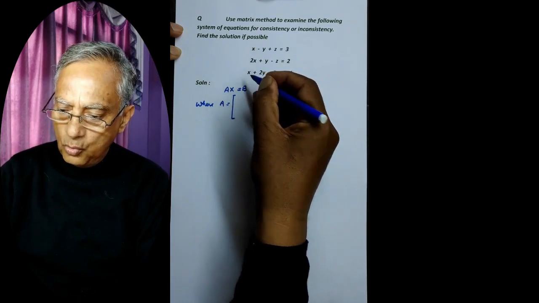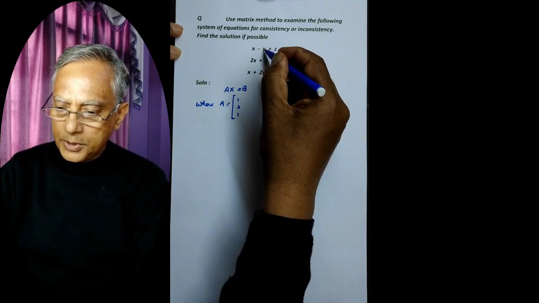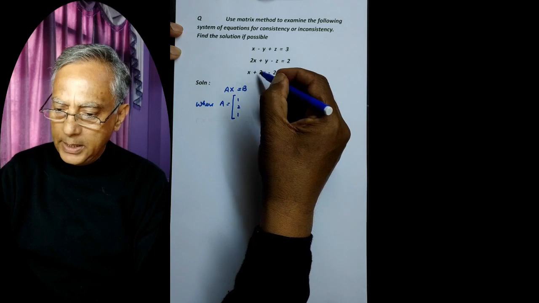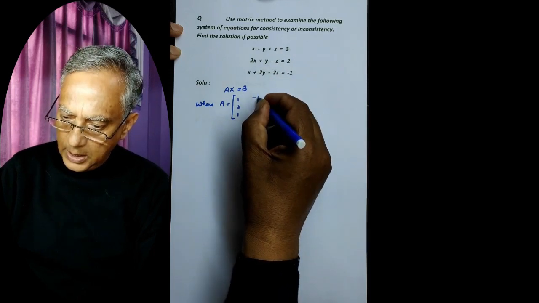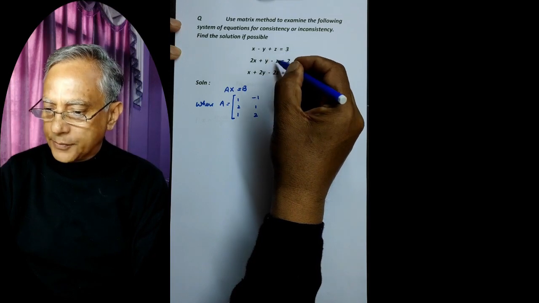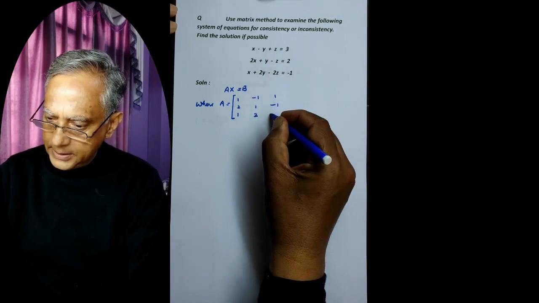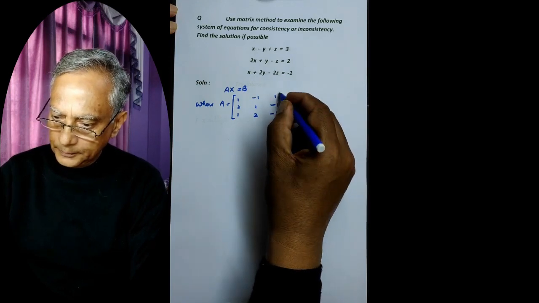So this will be 1, 2, 1, 1, 2, 1. Coefficients of y are minus 1, 1 and 2. And coefficients of z are 1, minus 1 and minus 2.